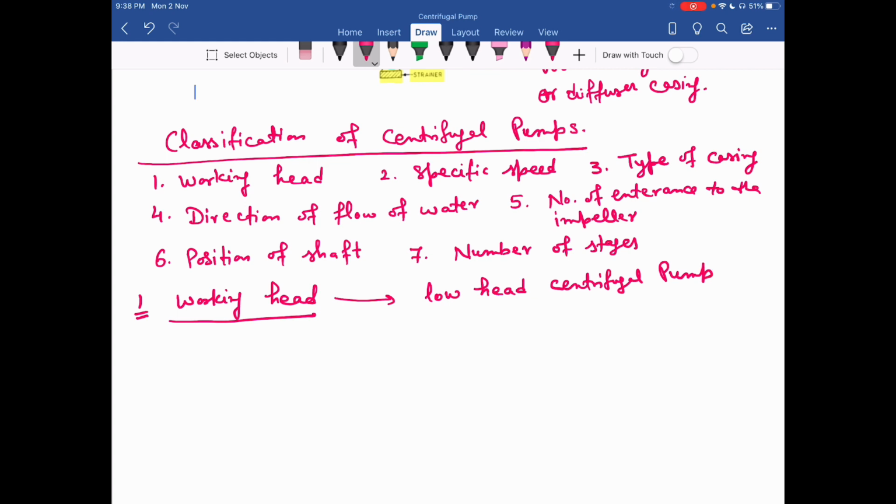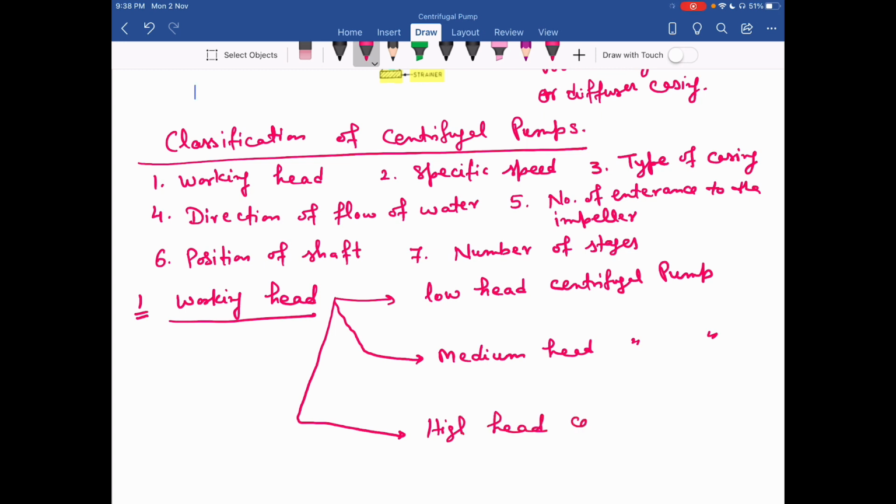The second is medium head centrifugal pump, and the third is high head centrifugal pump.